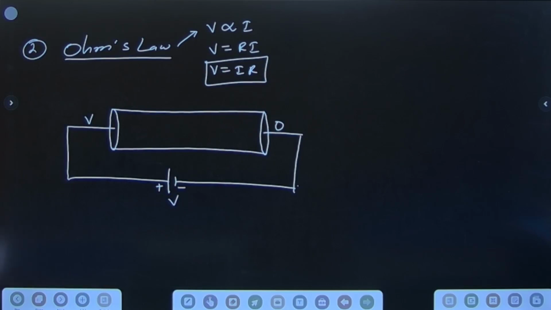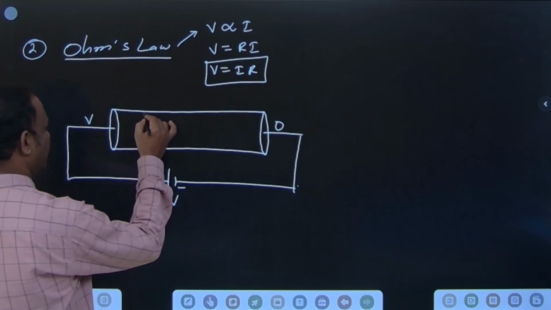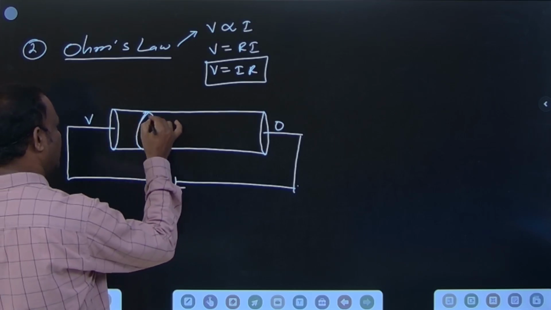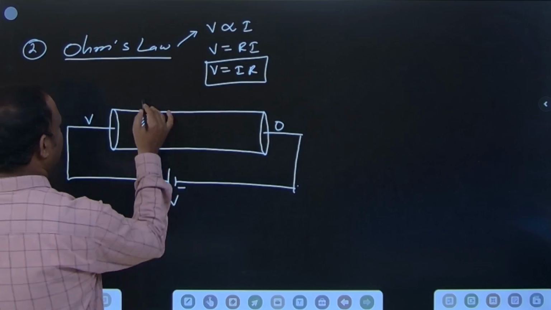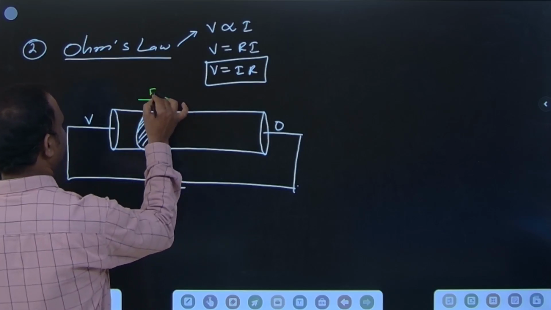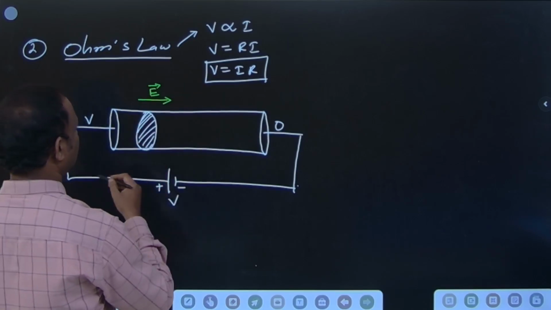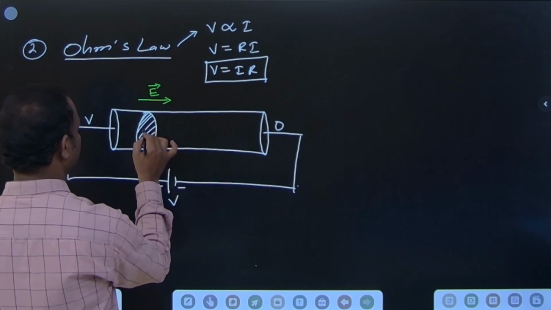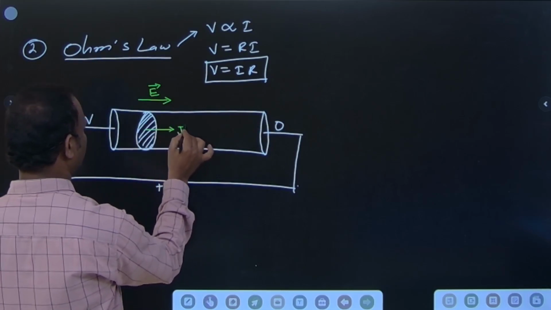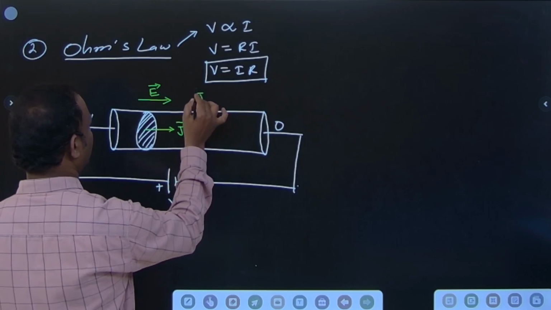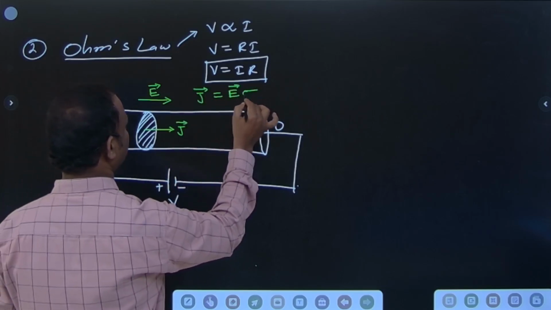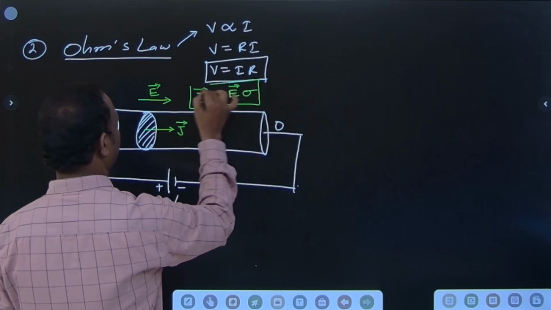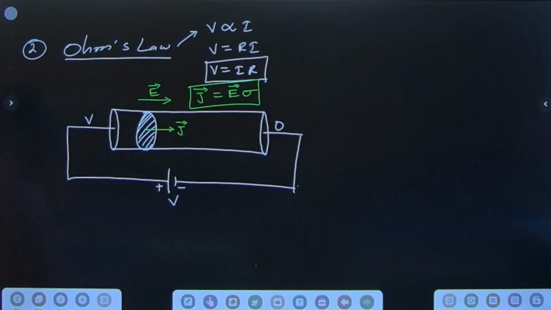From Ohm's law, when an electric field is created here because of the potential difference, the electric field direction is E vector. The current density J vector is equal to E vector into sigma, which is another form of Ohm's law.